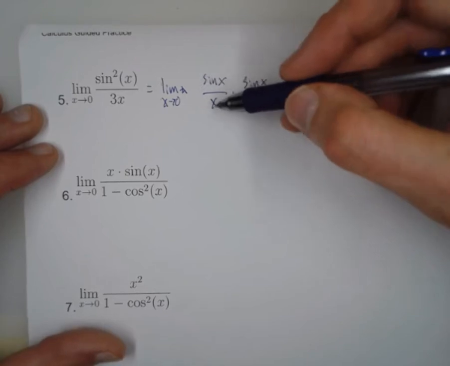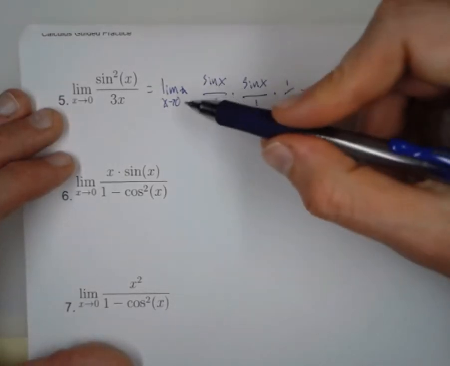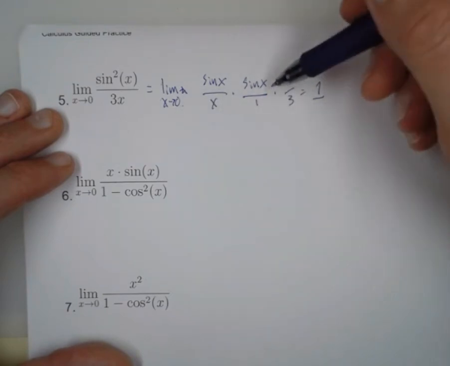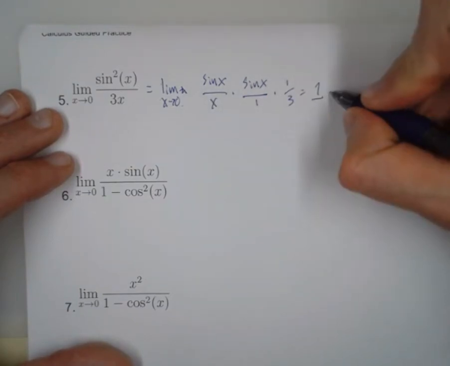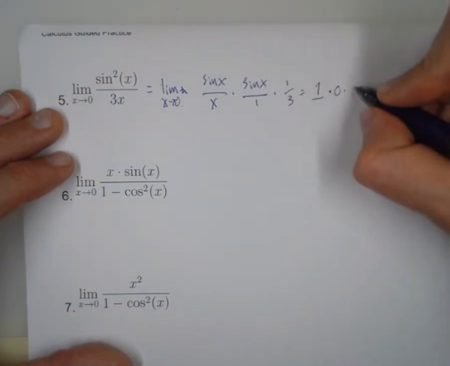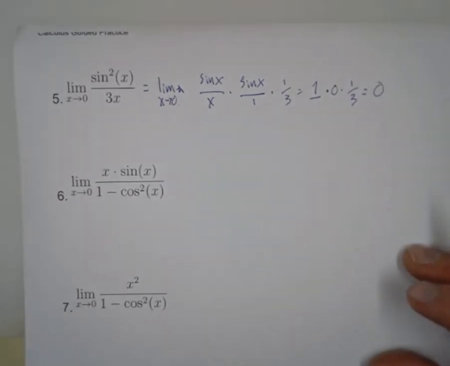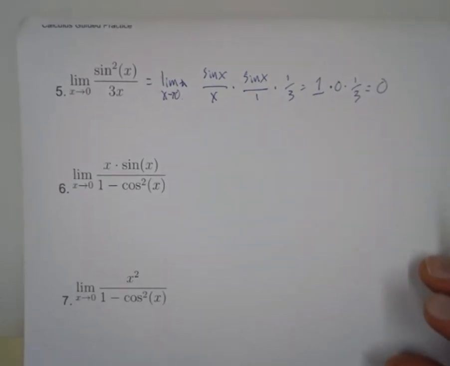Well, the limit as x approaches 0 of this piece is 1. Now we have plugged in 0 for sine already, and that gives us 0. And then if I plug in 0 for this, well, there's no x, so this is 1/3. And since I have a factor of 0 here, this limit simply equals 0.